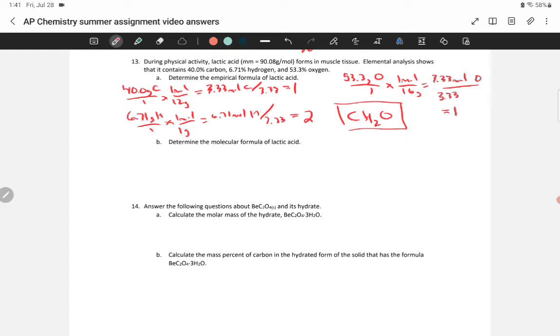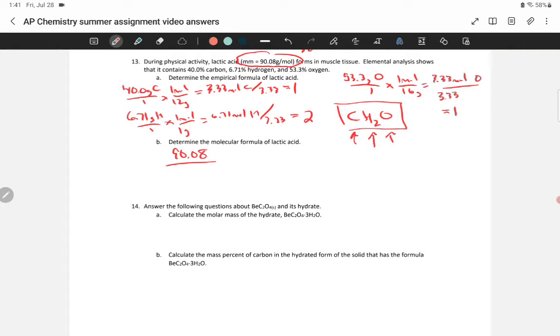Determine the molecular formula. The molecular formula has to have that ratio of 1 carbon to 2 hydrogens to 1 oxygen. But it also has to have this molar mass. So to figure out the molecular formula, you take the molar mass and divide it by the empirical mass, so I'm going to add up 1 carbon, 2 hydrogens, and 1 oxygen.